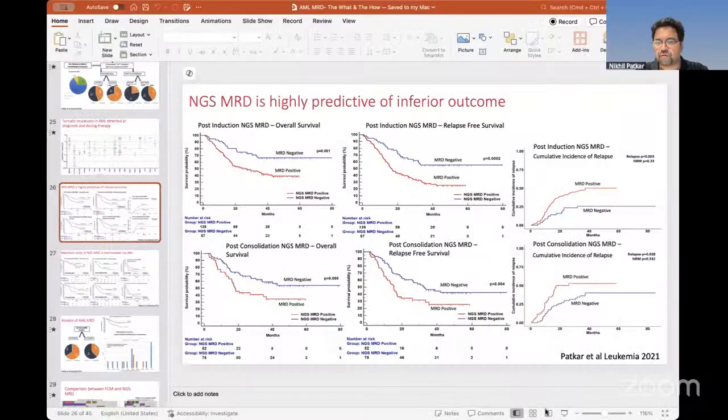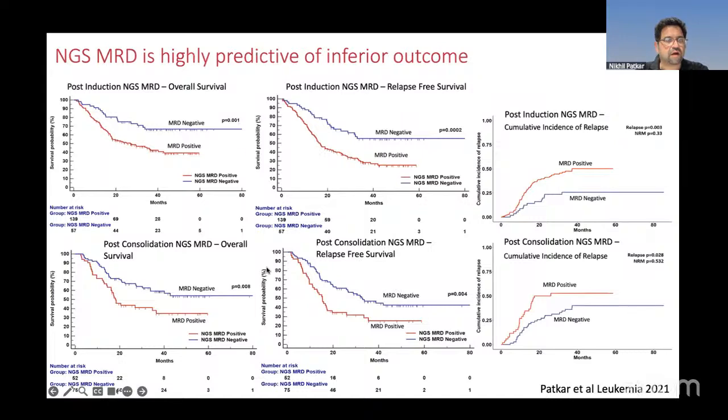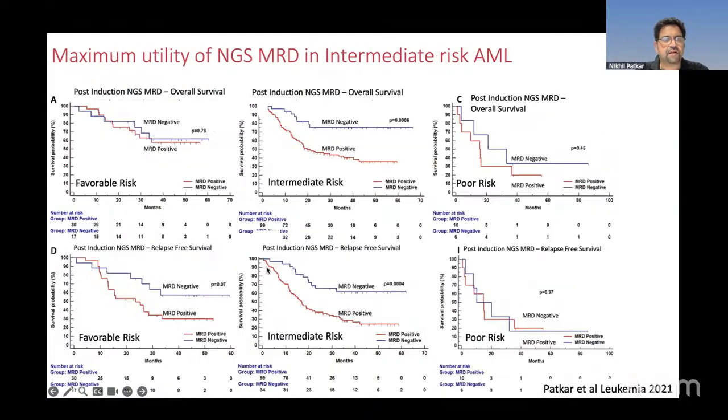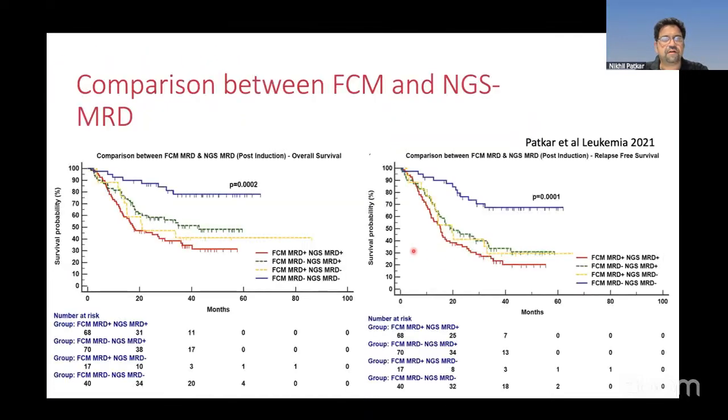So I can share that data with you. What is the percentage of discrepant results you are asking, right? Yes, sir. If I can share my screen again, I can share the exact data with you. We have published this in Leukemia. This is how many patients you get when you have discrepant results.